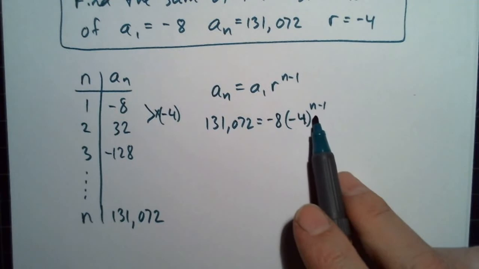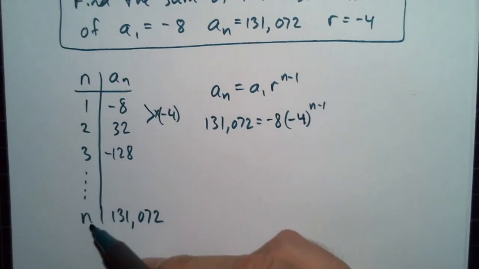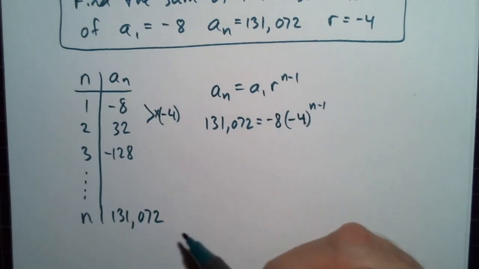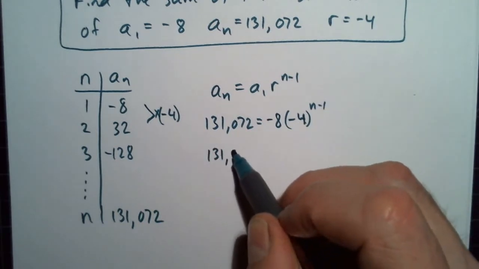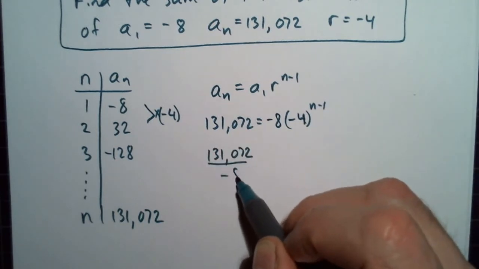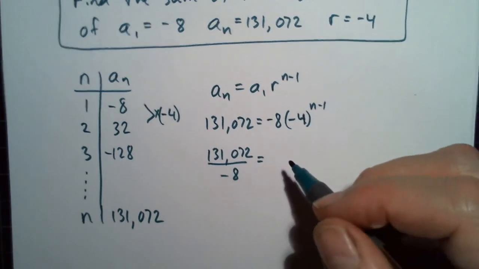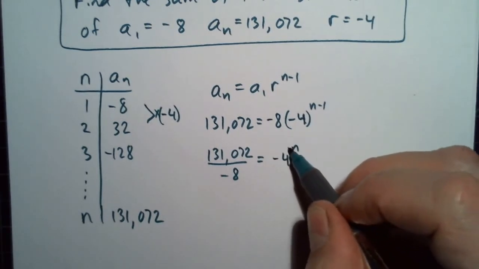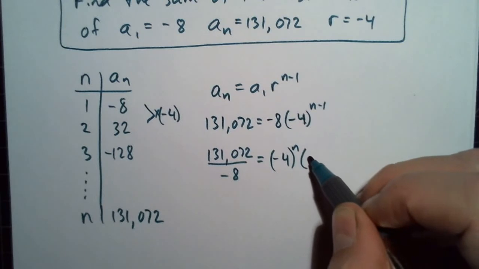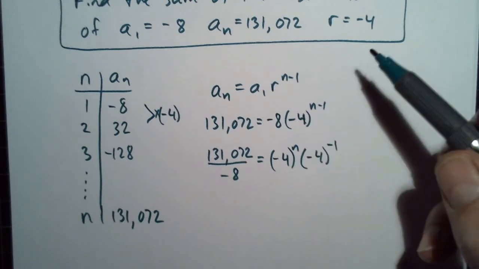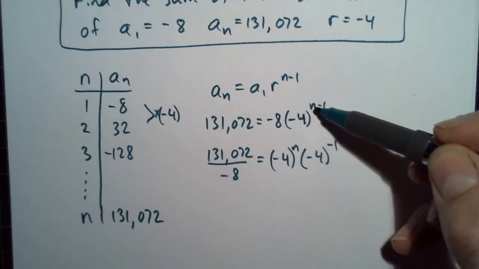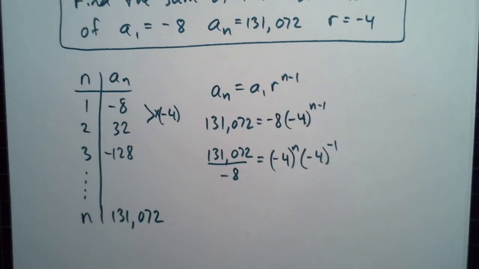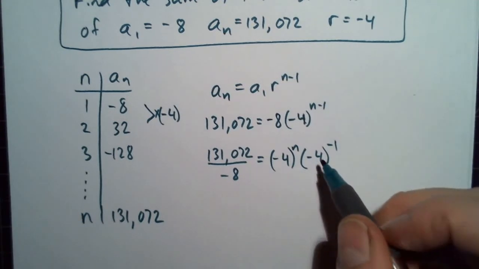And now we can just solve for n and we'll know how many terms there are. So let's break that up. We have negative 4 to the n times negative 4 to the negative 1, and this will be a negative 1/4.